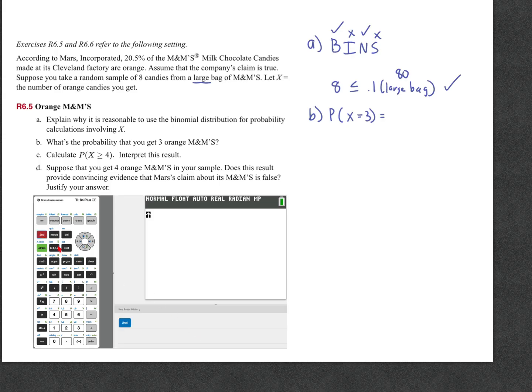Do second vars, distribution, and go down to binomial PDF. Our trials is the same as the sample size, always, if there is a sample. Probability is 0.205, 20.5%, and we want to know the probability of getting 3.